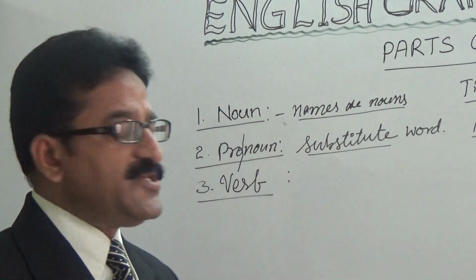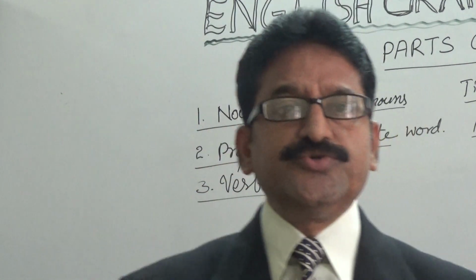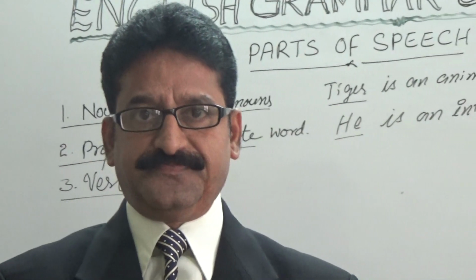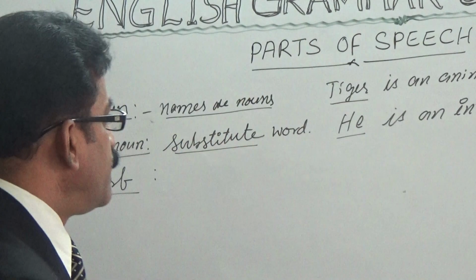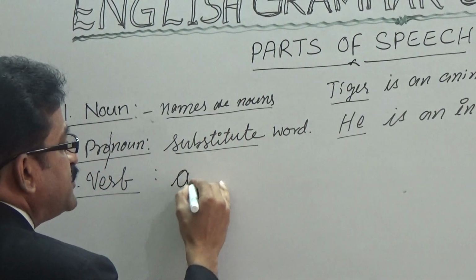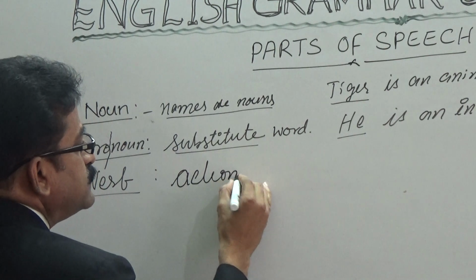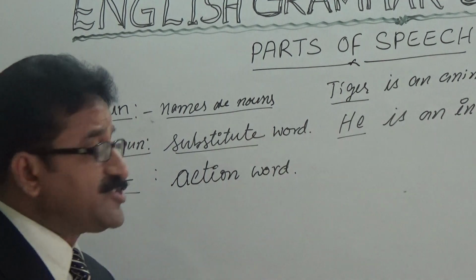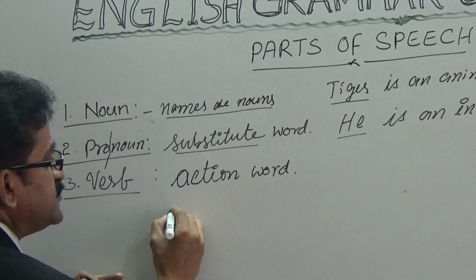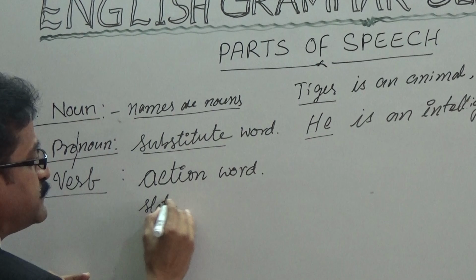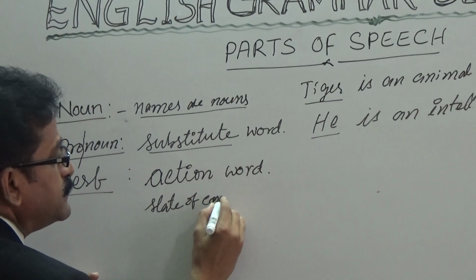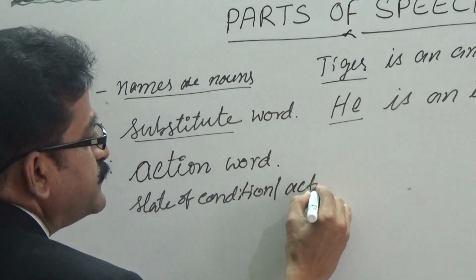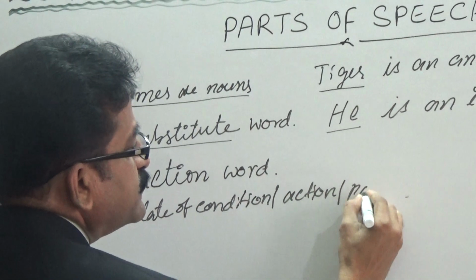Verb. See, verb is a word which is used to describe a state of condition, an action or a position. In simple terms, we mention it as action word. Action word in the sense, for example, state of condition, action, position.